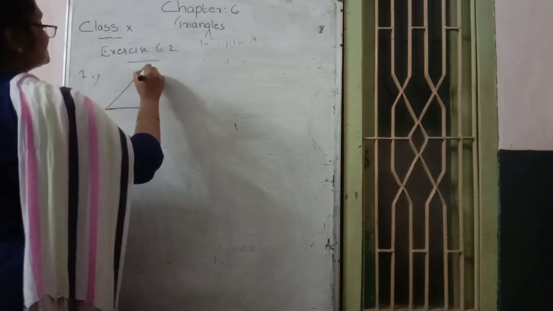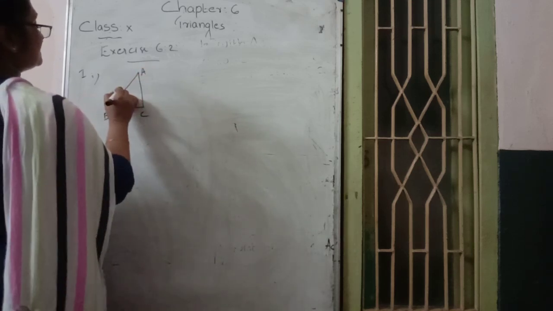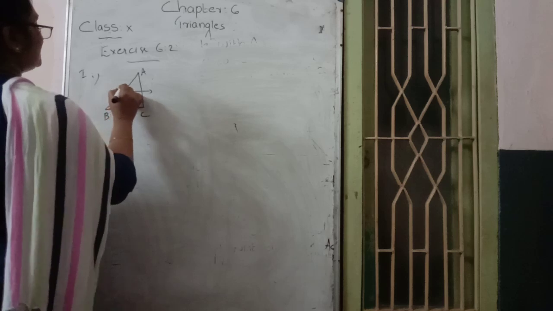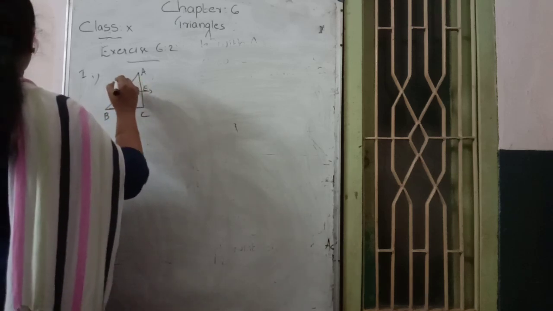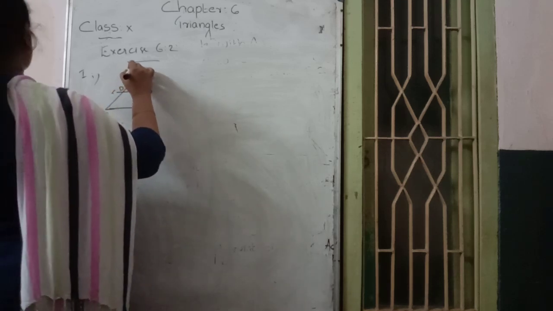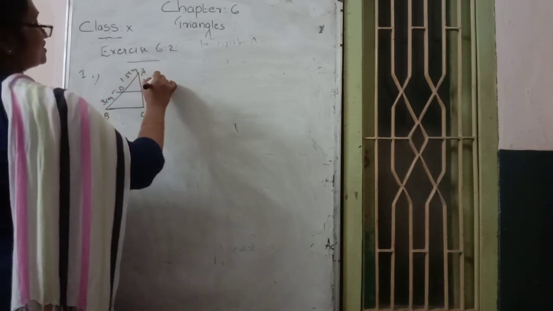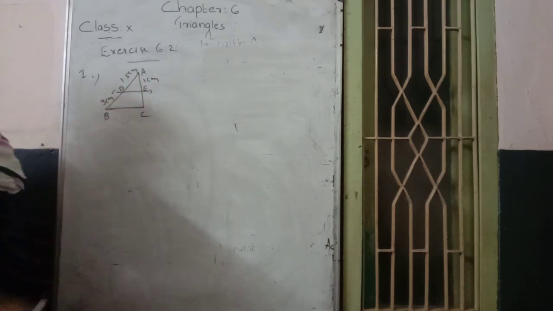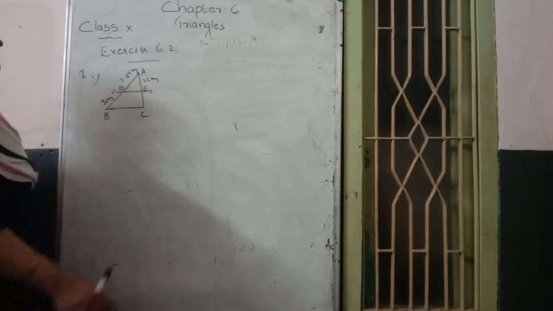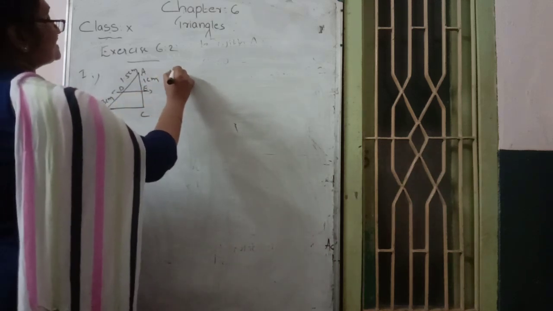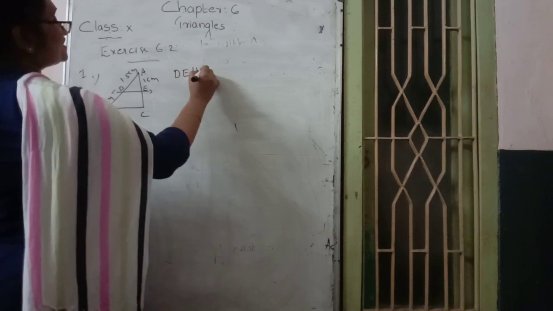They mark it as A, B, C, D and E, with 1.5 centimeter, 3 centimeter, and here 1 centimeter. What do we want to find out? The EC side value. Another piece of information they give is that DE is parallel to which side?